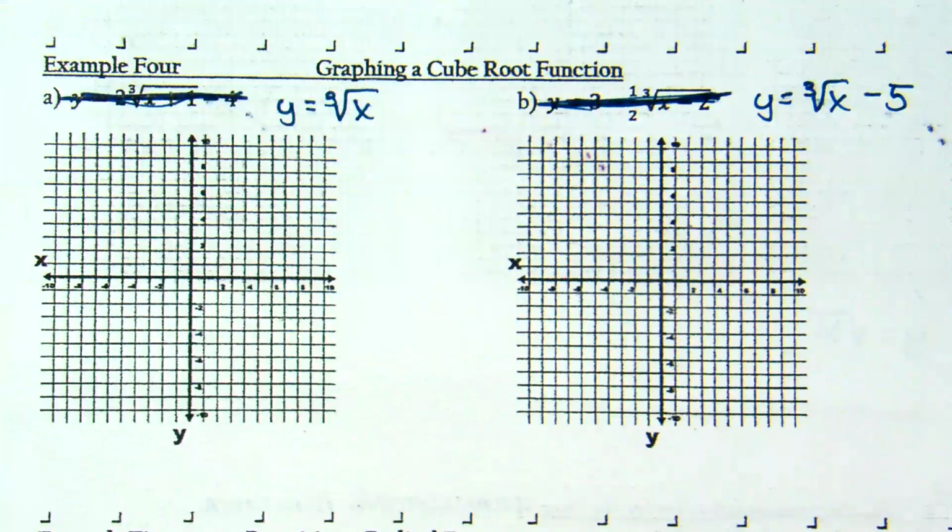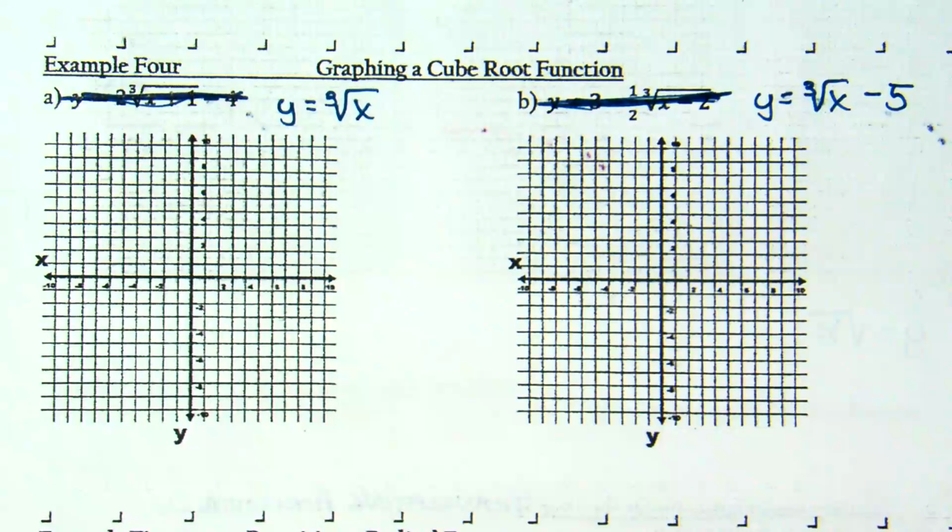Because is a square root and a cube root graph going to look the same to begin with? No. So we've got to kind of start over. Okay, the square root graph is more my focus, but it's good to think about the cube root graph. So on A, we are just going to graph the cube root of x. We've got to know what this looks like.